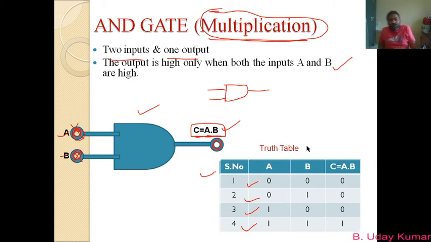You can say that the AND gate is the gate whose output is low when any one or both the input terminals are low. So this also becomes the definition of AND gate, but I am writing the easiest definition here, so that you try to understand. Anyway, let us just move on to our next slide.